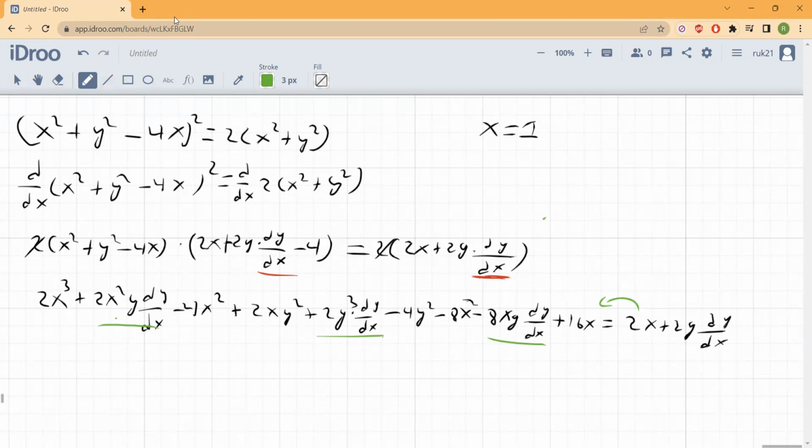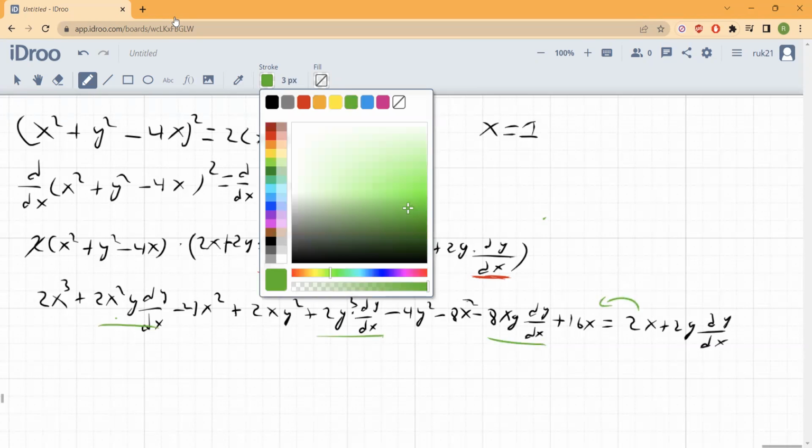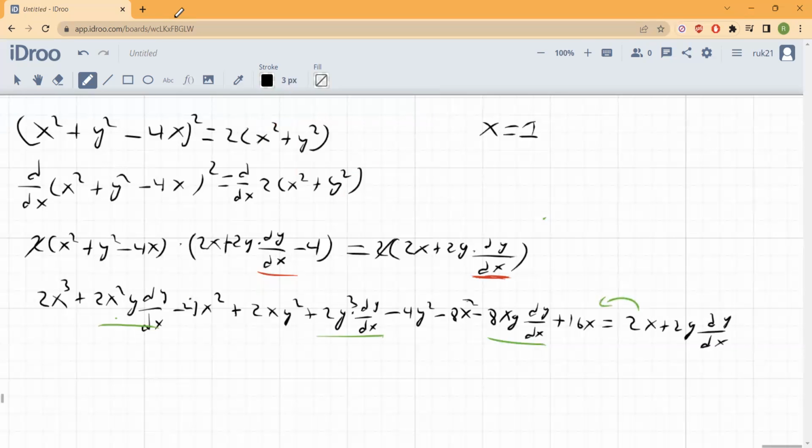Rewriting everything, we are going to get 2x cubed, then minus 4x squared minus 8x squared. 4x squared minus 8x squared is going to give us minus 12x squared, right?